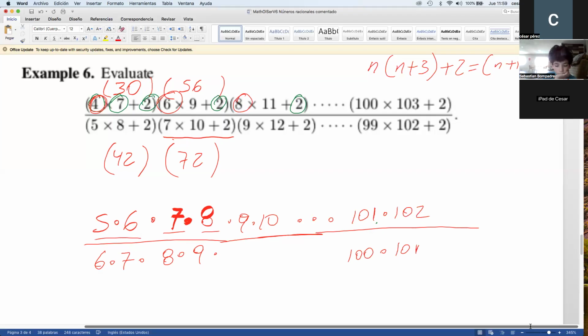So we can see that, I think that this cancels, this cancels, this cancels. I think that we have here something strange. Okay. Here we will have, yes, 101 times 102.